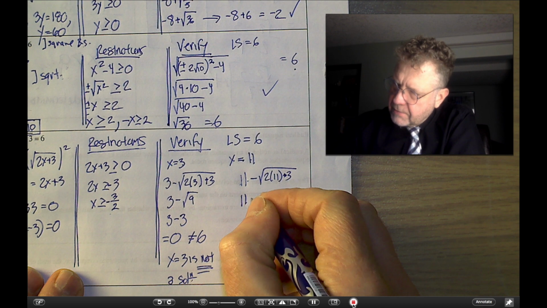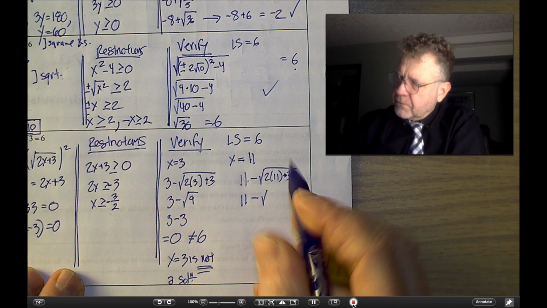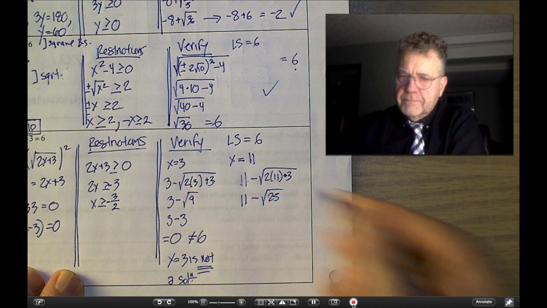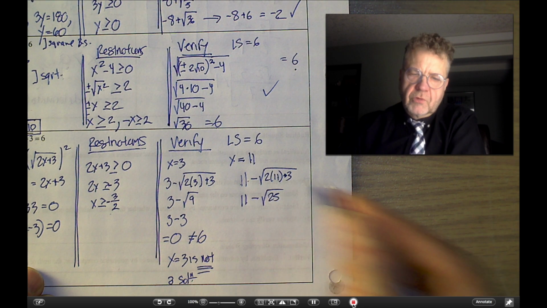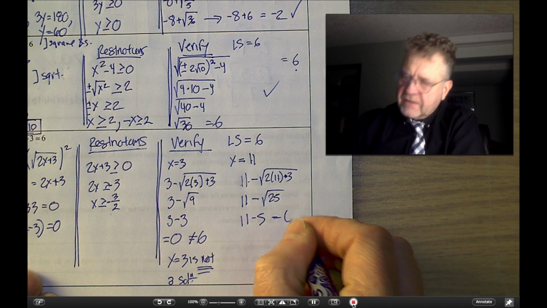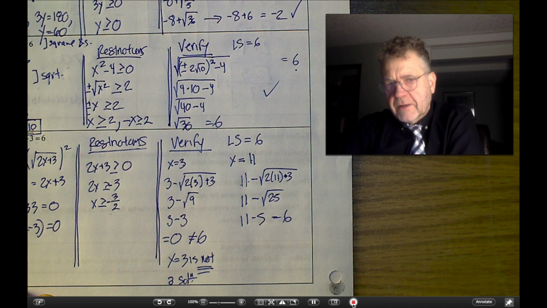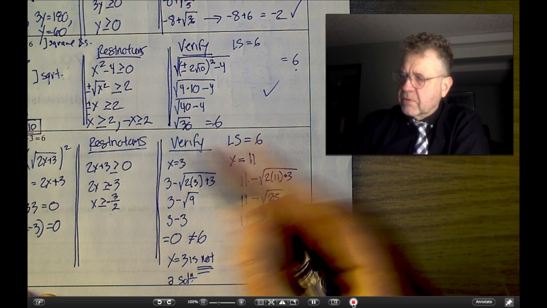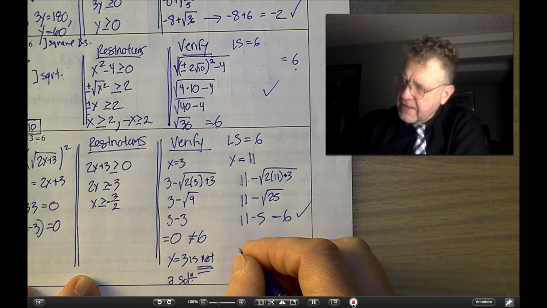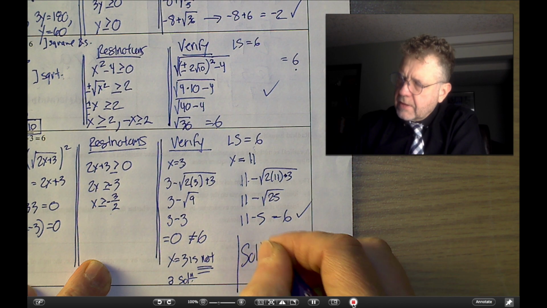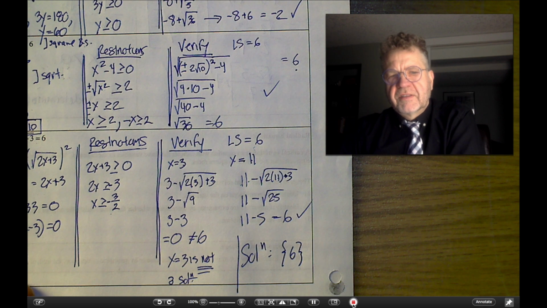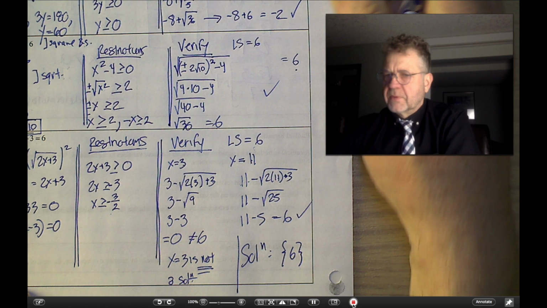Which is 11 minus, well, 22 plus 3 is 25. And the square root of 25 is 5, of course. We're going to get 11 minus 5 equals 6. That's the left side. Does the left side equal 6? Yes, it does. So our solution then is the set that includes the number 6. 6 is the only solution we have there.